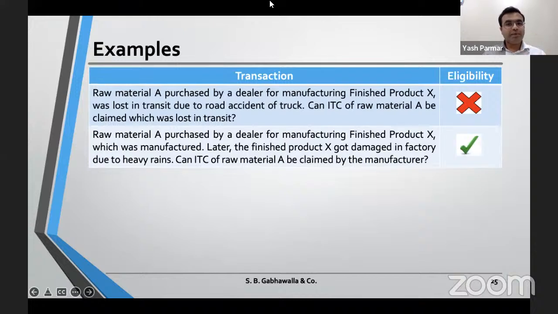But in the second example, raw material A is already processed, it is put to use, it is already transformed to some other product which is product X, and then when this product X is destroyed, I am not required to go back and reverse ITC of raw material A. So this goods lost term has to be read as goods lost as such. I hope I could explain you the difference between goods lost as such and goods lost in transit.